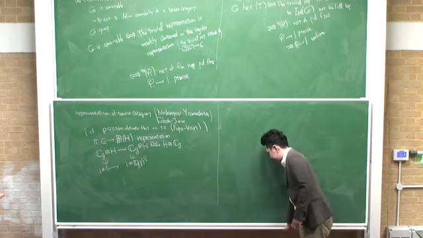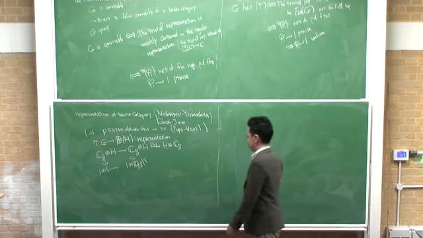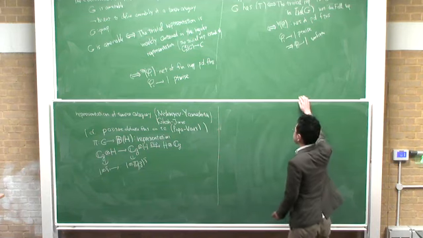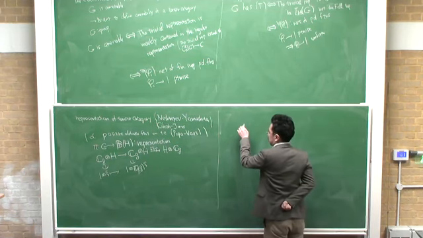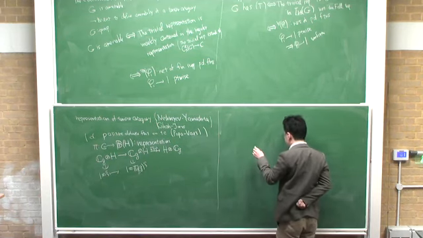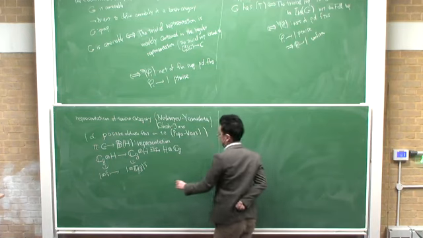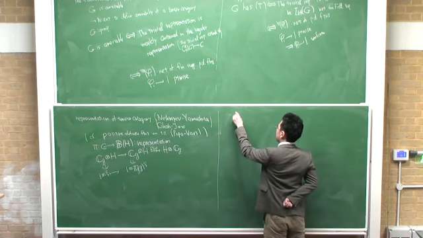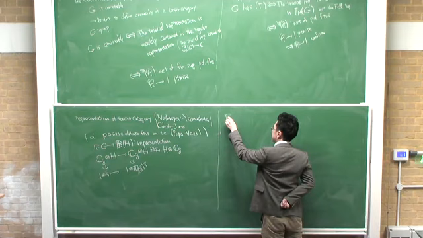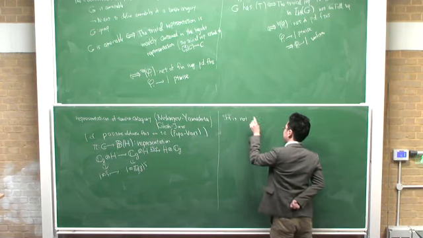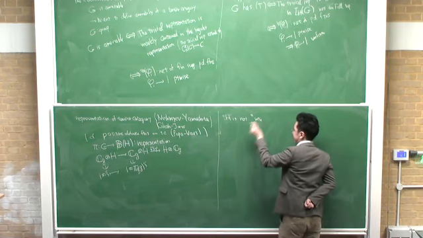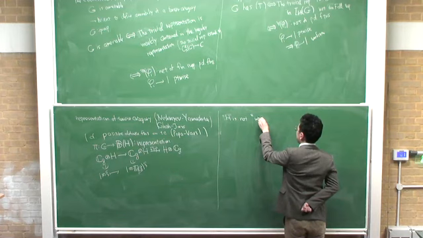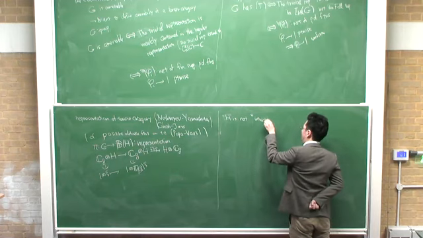So we need to change this definition a bit. H, or this tensor product, is not an internal notion in this category.